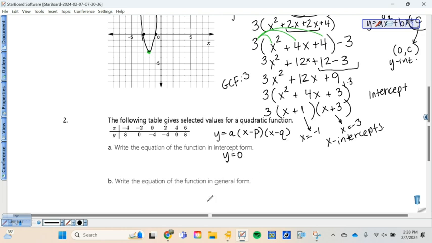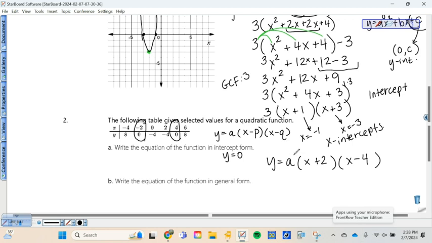So where is y 0? 2 and 4. Perfect. Okay, so then what would that part of my equation be? It's going to be like x and x. Opposite sign. Yeah, so plus 2, minus 4.